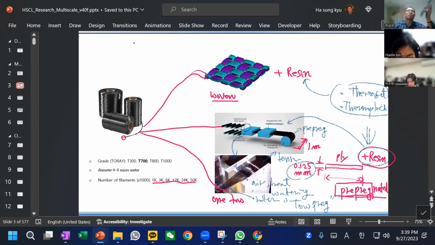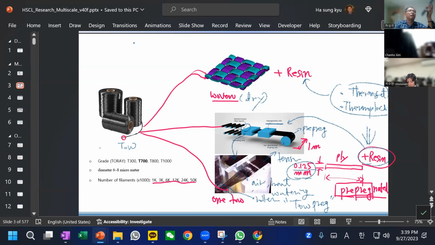This is dry. Now to make the composite, we have to have some resin. Resin can be thermoset or thermoplastic. So this is the microscopical understanding of the composite starting from the toe. This is the one toe. And here I would like to go a little bit more in detail about this 0.125 millimeter ply.